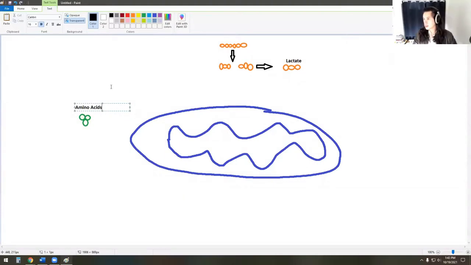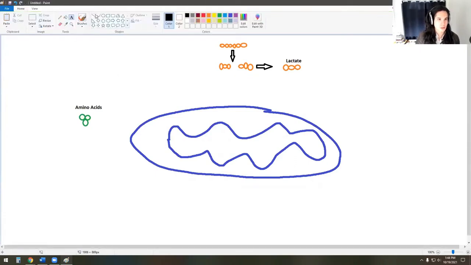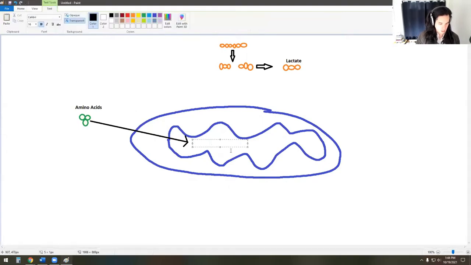And so some amino acids can be metabolized for energy and some cannot. But those amino acids can move into the mitochondria, and we can get cellular respiration, aerobic, sorry.